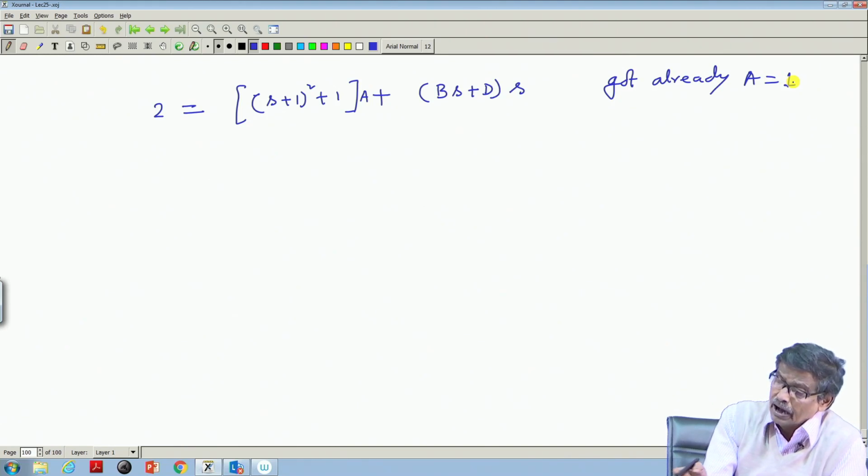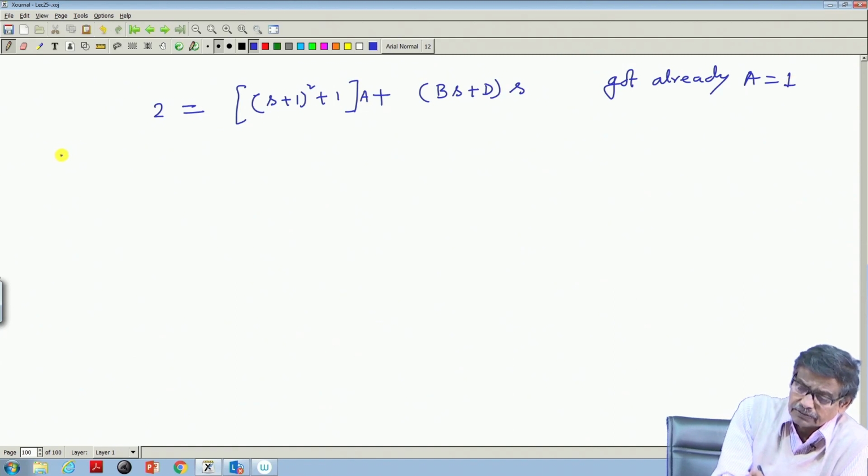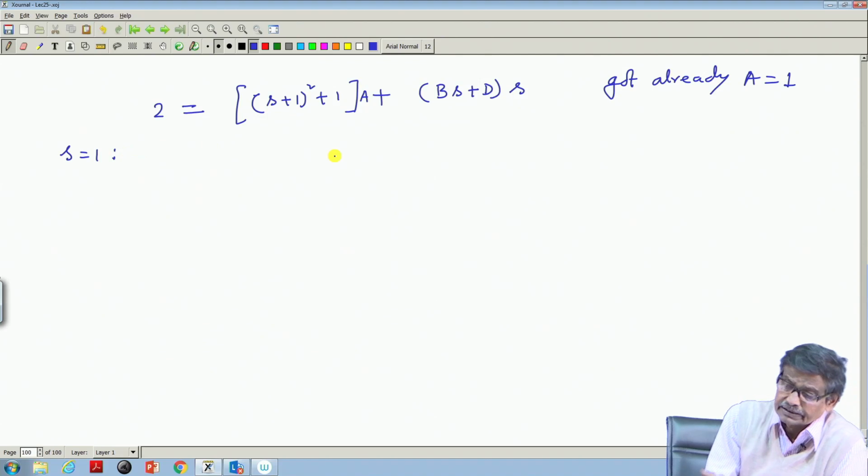Now I have to put some suitable values of S, any values you decide. Say I will put S equal to plus 1 on both sides, because it is an identity.